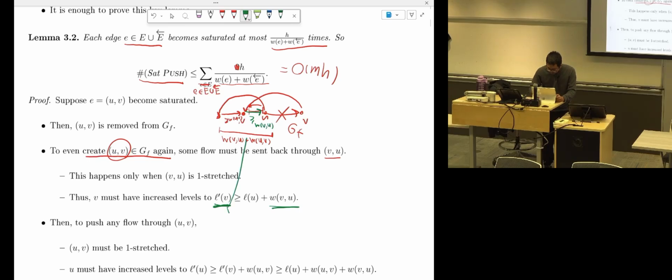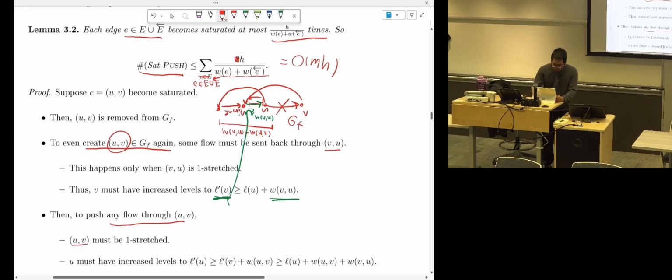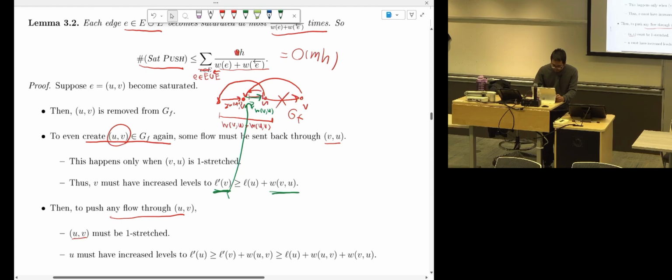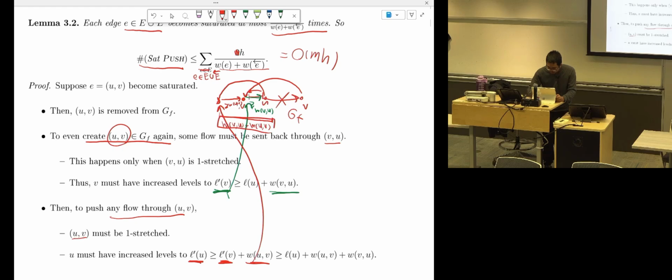And then to push flow through UV, it must be stretched again, so the new level of U needs to be more than the new level of V by this much. In total, you need to increase the level by the sum of these two.